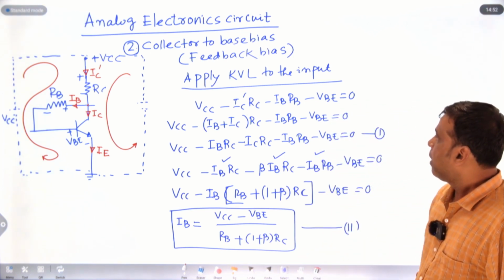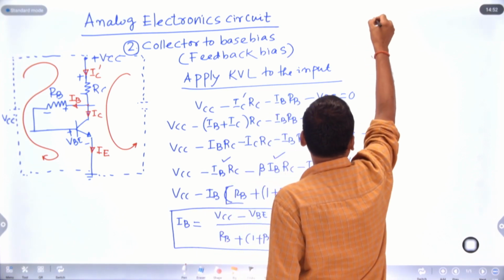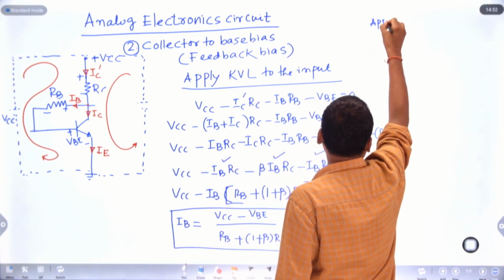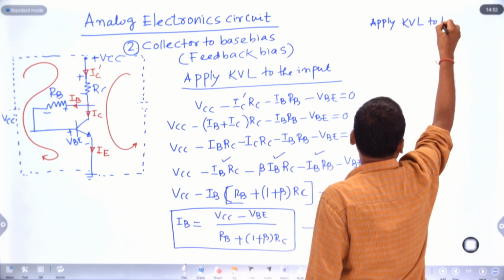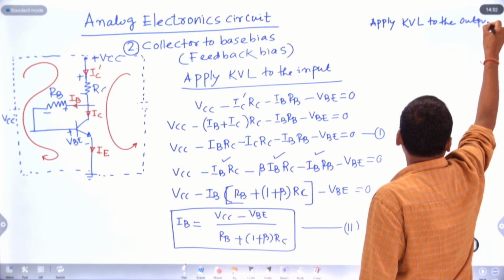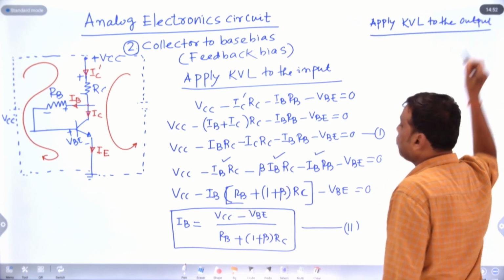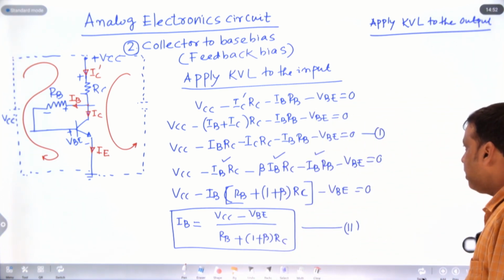Then apply Kirchhoff's voltage law to the output. What is my output equation? If you go from plus to minus, that will be minus. If you go from minus to plus, that will be plus.